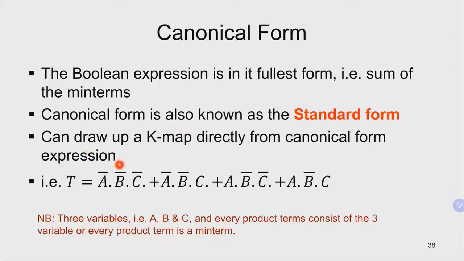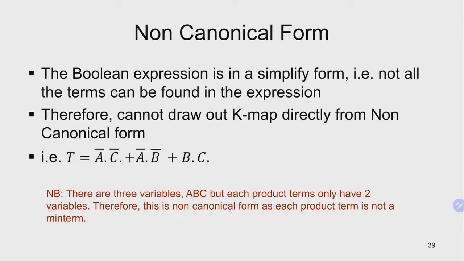You can fill in your Karnaugh map directly from each of these product terms. Whereas in the example I showed earlier, you can't. So this is called non-canonical, or the minimized form. The Boolean expression is in its simplest form, so not all the terms can be found in the expression.